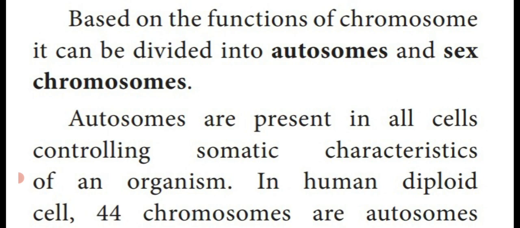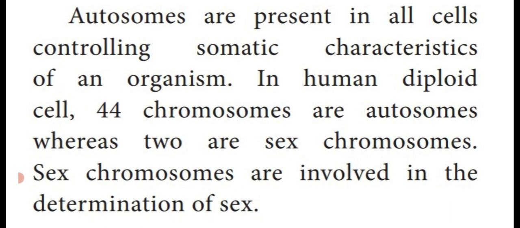Autosomes are present in the somatic cell, that is the body cell, and determine the characteristic features of an organism. In human beings, the diploid set of chromosomes is 46 chromosomes, that is 23 pairs of chromosomes, 23 plus 23, 46 chromosomes.